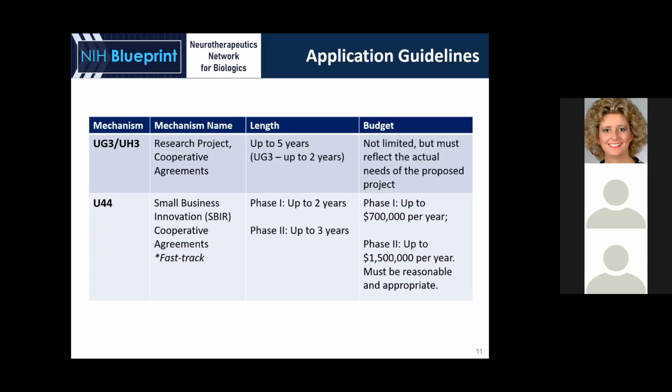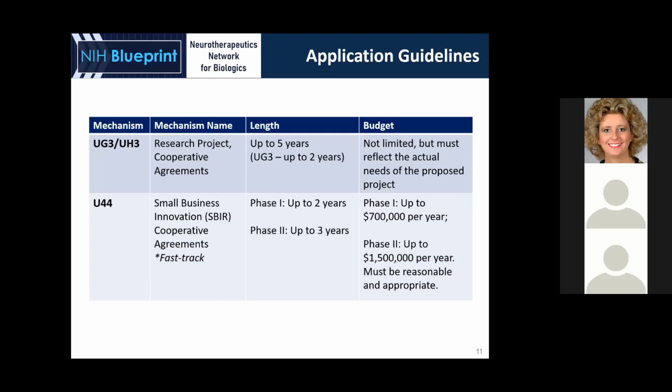The UG3 phase can be up to 2 years, with a minimum likely to be at least 6 months. The budget is not limited, but must reflect the actual needs of the proposed projects. So in essence, ask for what you need to accomplish the activities proposed within your application.